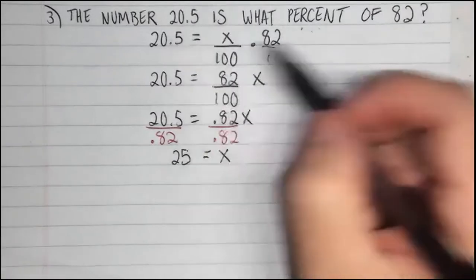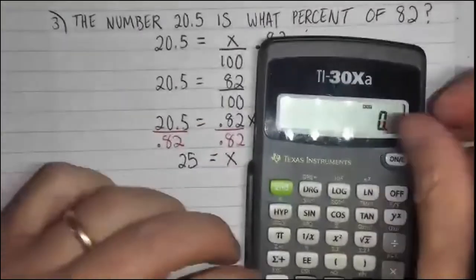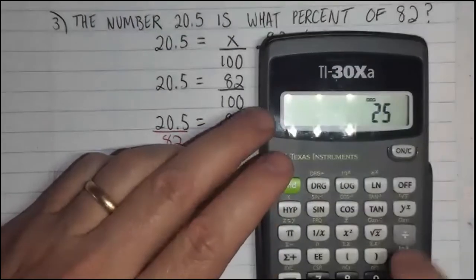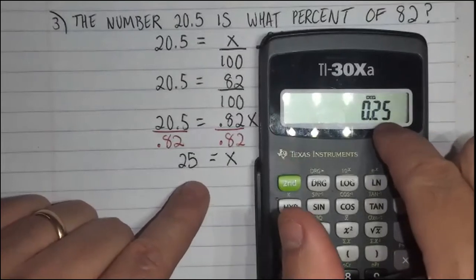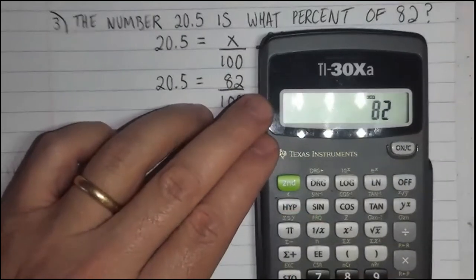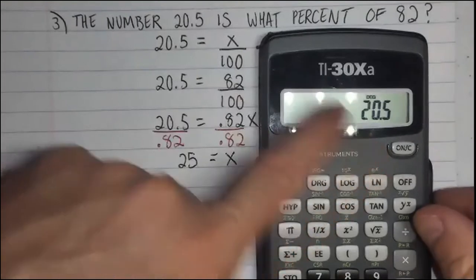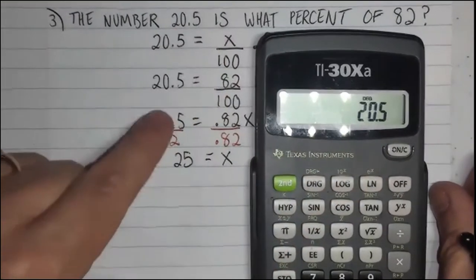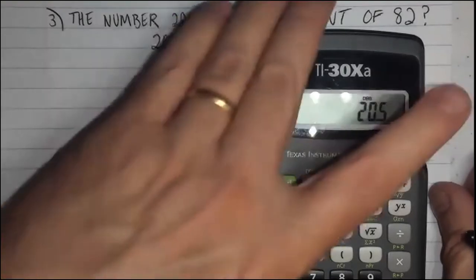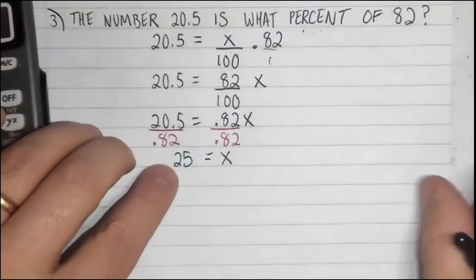So if you wanted to check this, remember 25% is 25 divided by 100. So you convert that to a decimal and get 0.25 and then multiply it by 82. And it comes back to the number 20.5. But again, when you're entering that, you want to enter it as 25%.